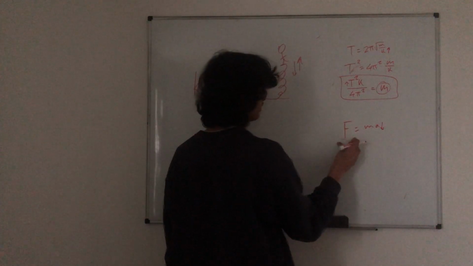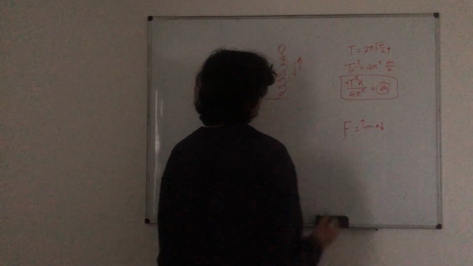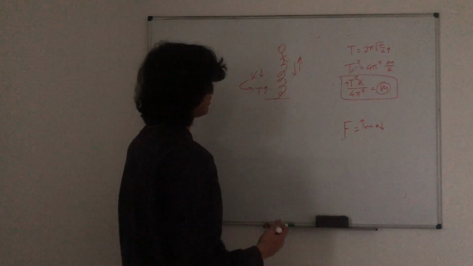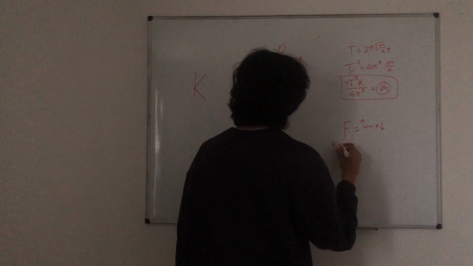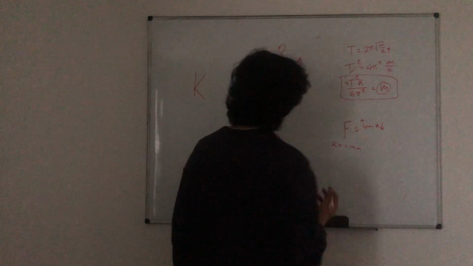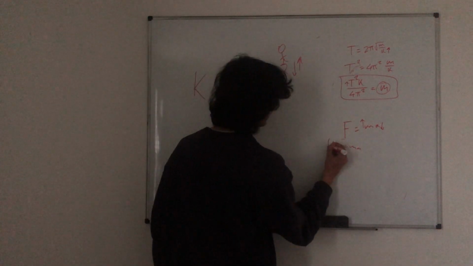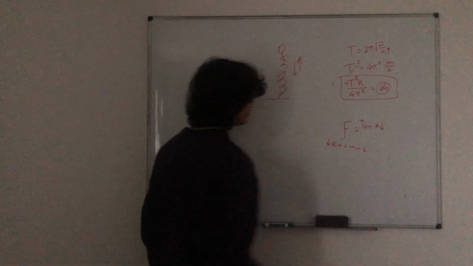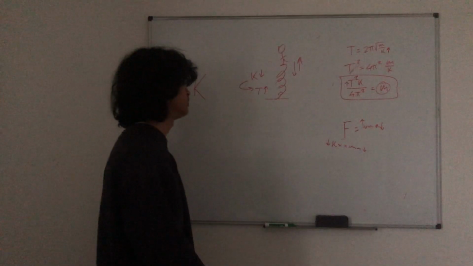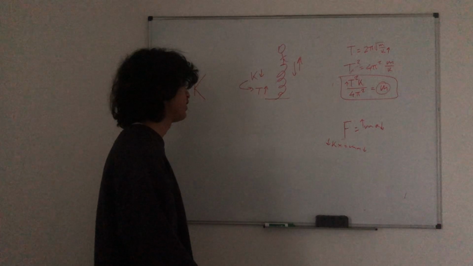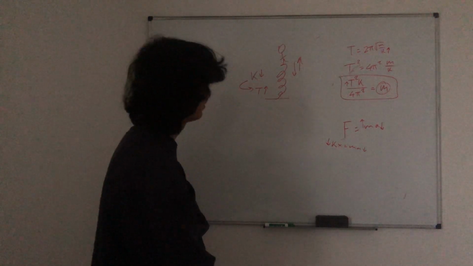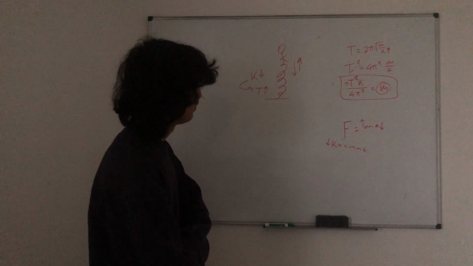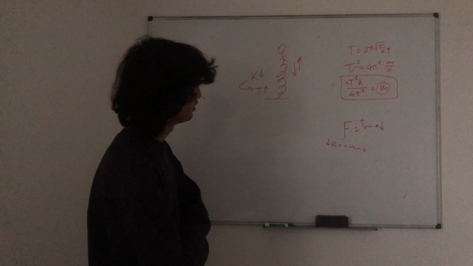So for this force I predicted, I must have a high mass. And they would get a high mass, just based off that equation. But in reality, if you do kx equals ma, what's really happening is if you have less k, you have less acceleration, which would result in a greater period.